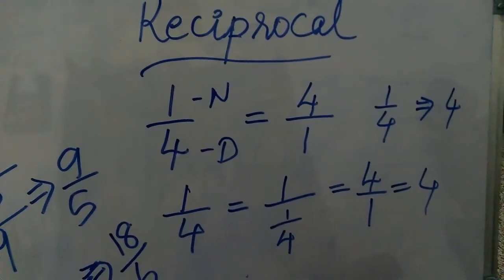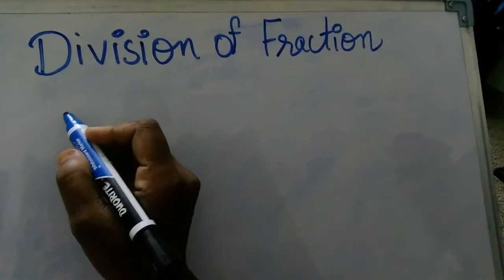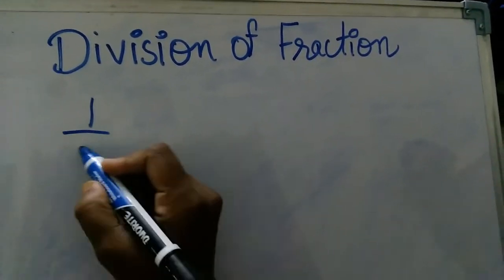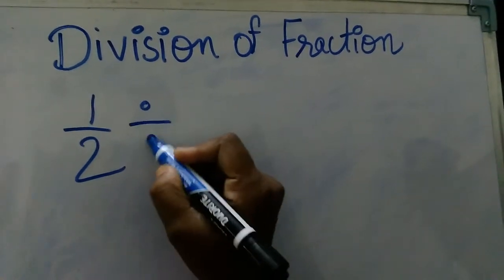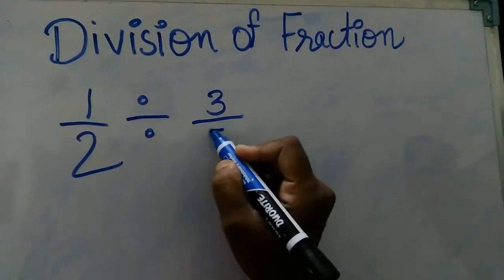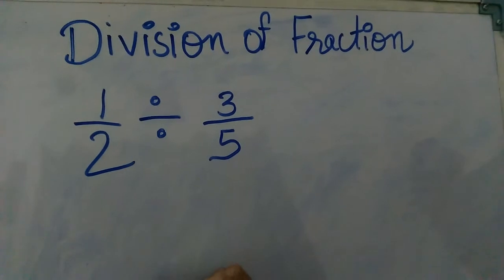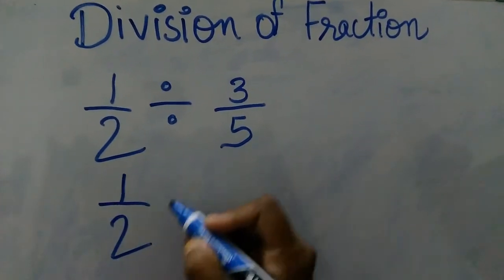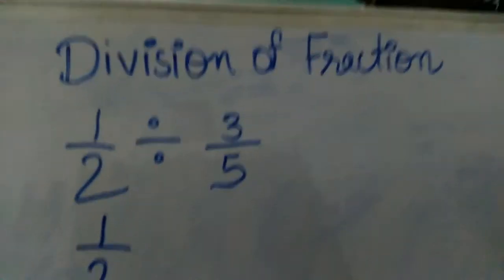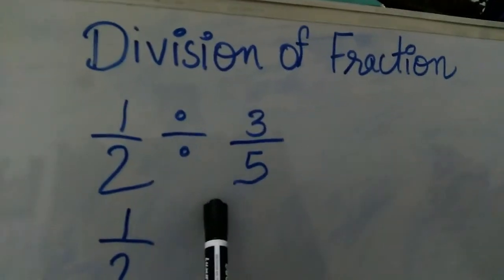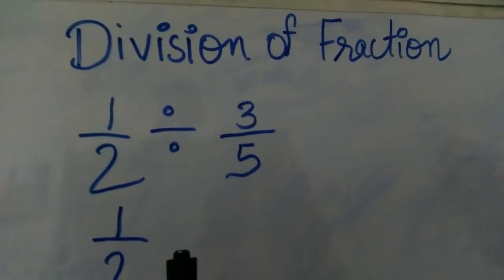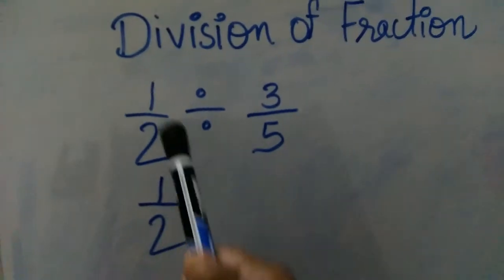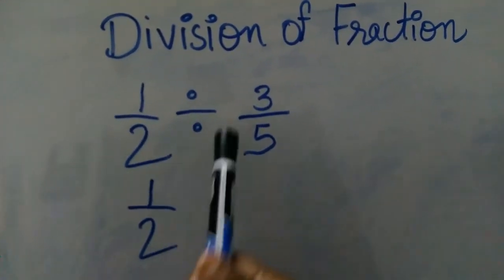We can see division of fractions. For example, 1 upon 2 divided by 3 upon 5. In division, the next step is we write the same number, 1 upon 2.